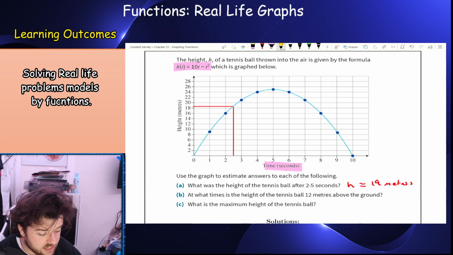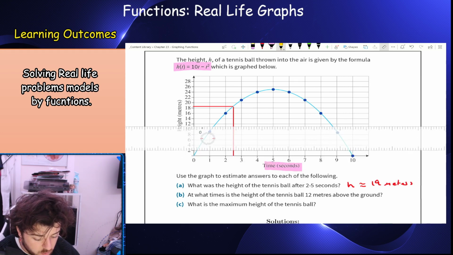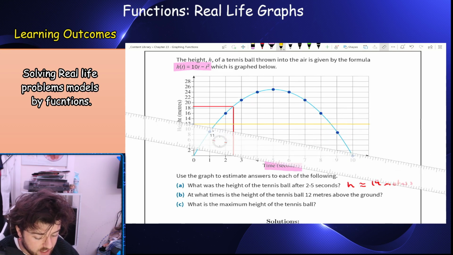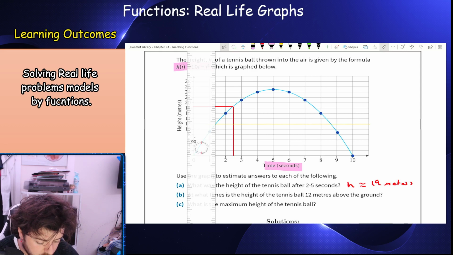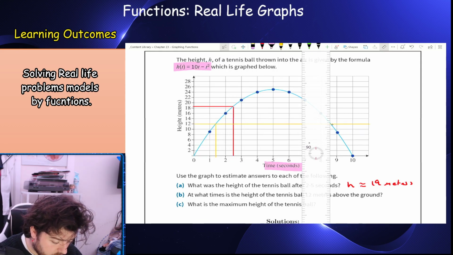So again, this time I'm looking when the ball is 12 meters above the ground. So I go up to where my height is 12. I draw a line across and I find where it intersects here. So I draw down. Go over here. And draw down.